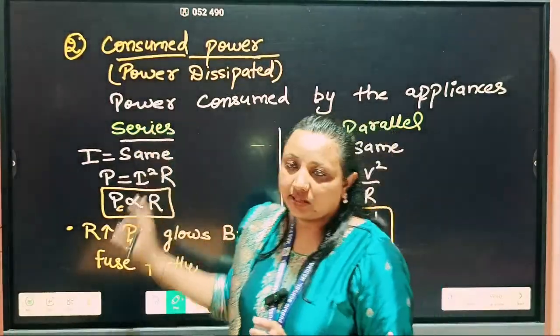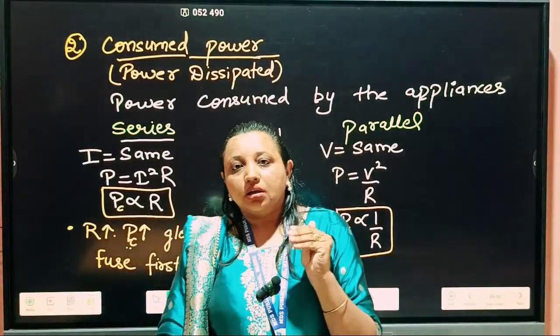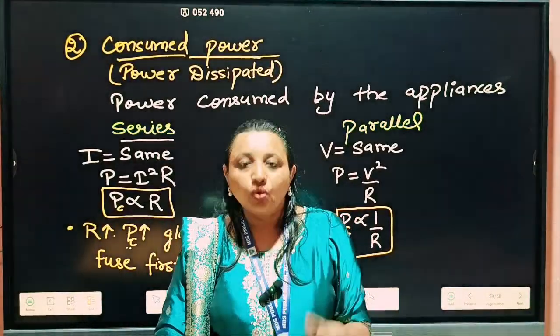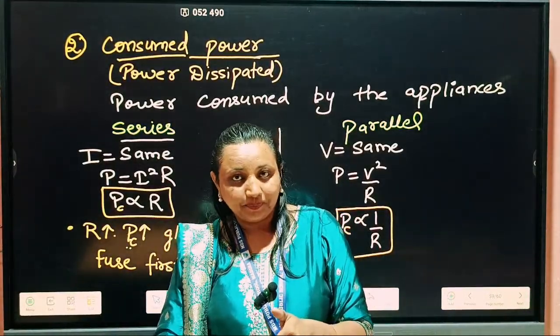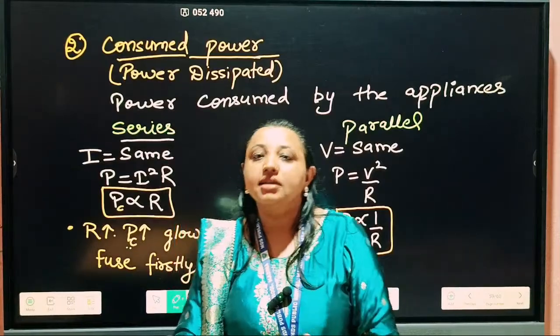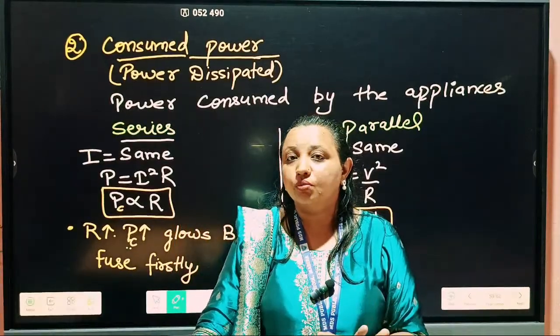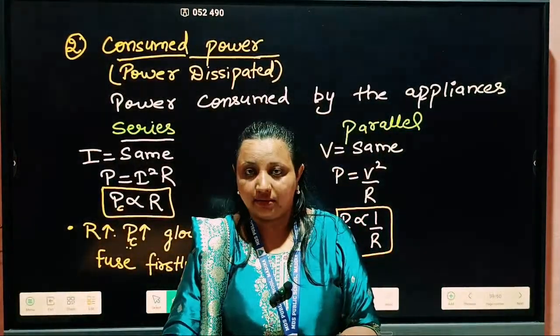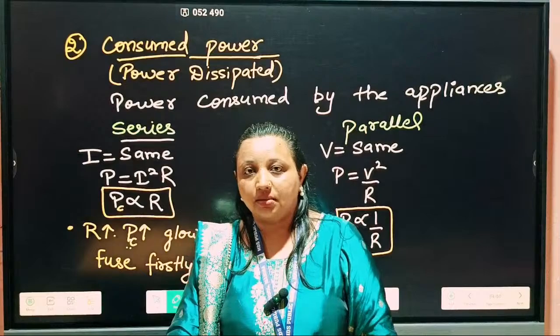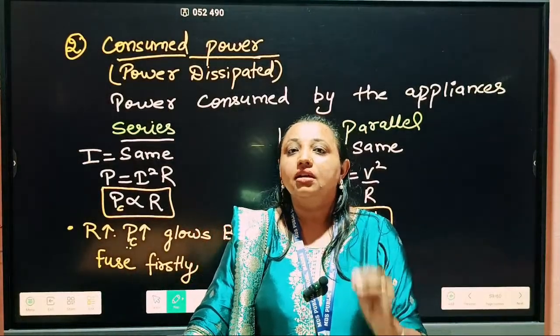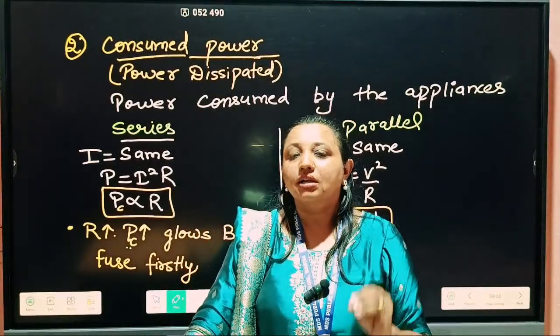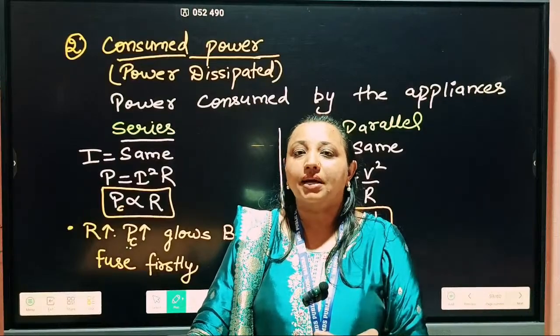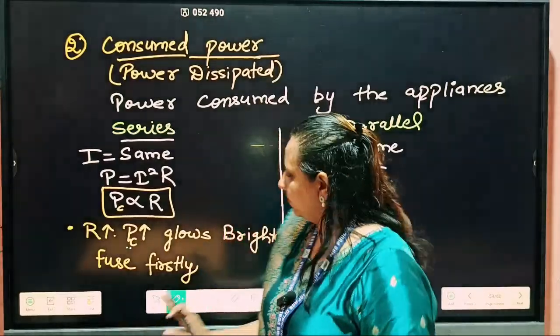I'm talking about the series combination. The device or the appliance whose resistance is greater has higher consumed power, and it glows brighter among all the electrical appliances. And the one that fuses first, सबसे पहले जो fuse होगा, is the electrical appliance having the higher resistance.